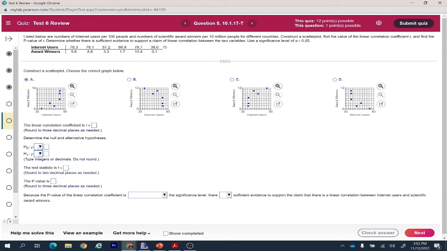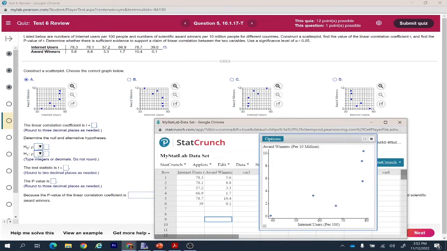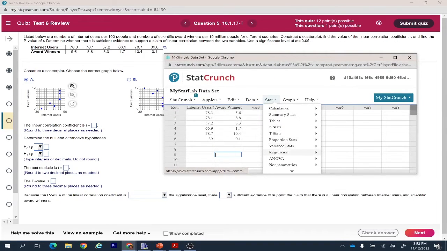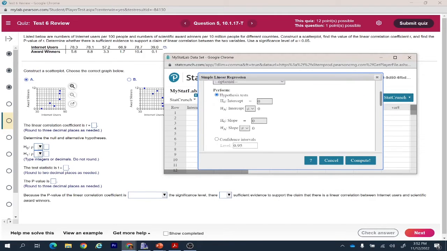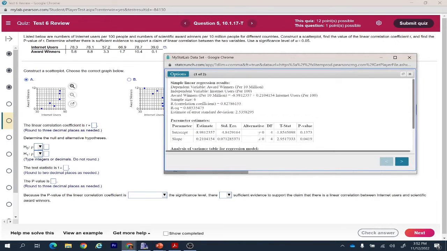Now we can find the linear correlation coefficient by using StatCrunch. Go to Regression, Simple Linear, choose the X variable, the Y variable, and just hit Compute. It's going to give you the correlation coefficient, which is 0.828, because you have to round it to 3 decimal places.